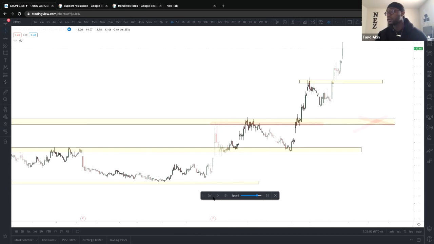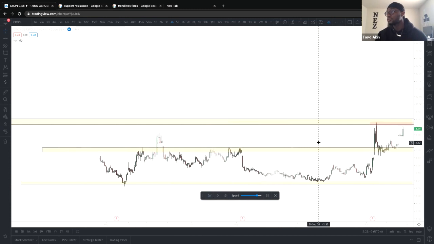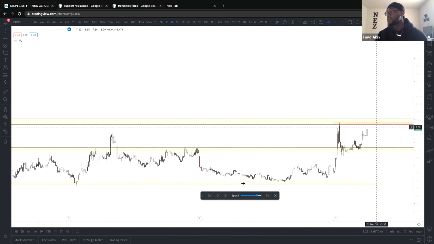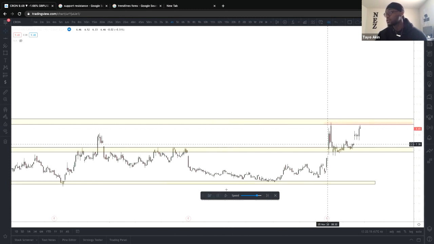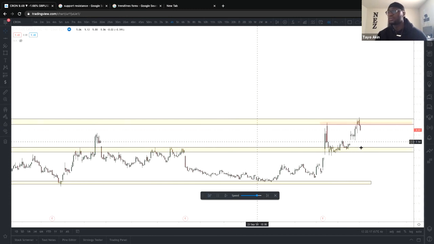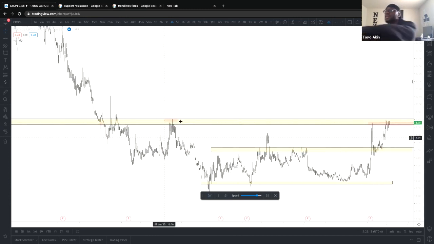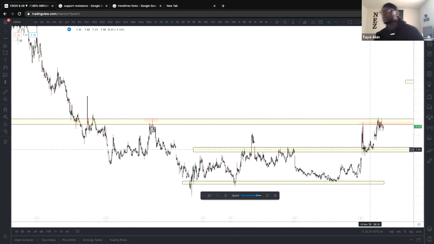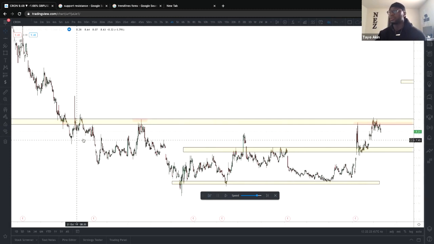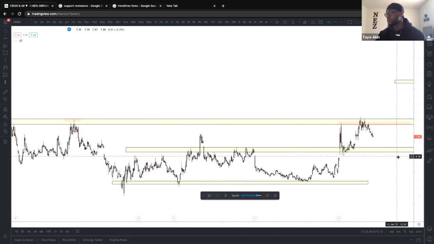If I zoom back out to right there, you're going to see how this was respected twice. Yeah, this was respected twice, which is why price rejected. So 1, 2, or rather 1, 2, 3. That's why price came back down.